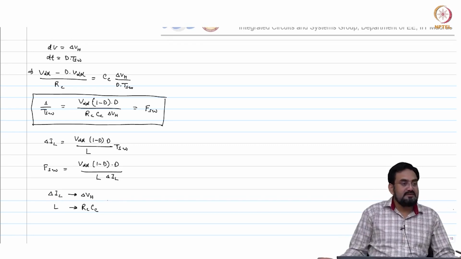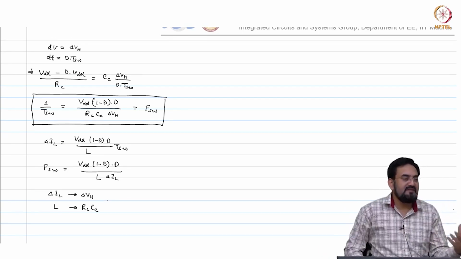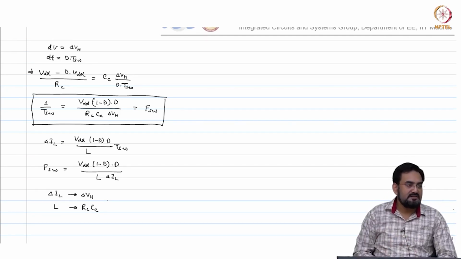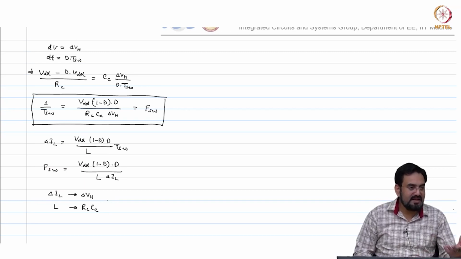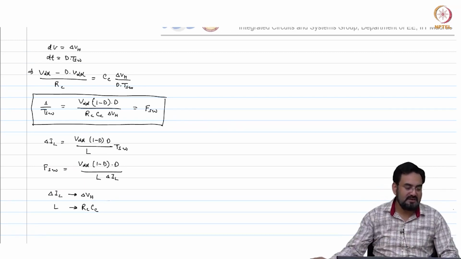Whatever the function of L in current, the same function is RC in voltage, and whatever delta IL ripple you had, now that ripple is converted to delta VH.